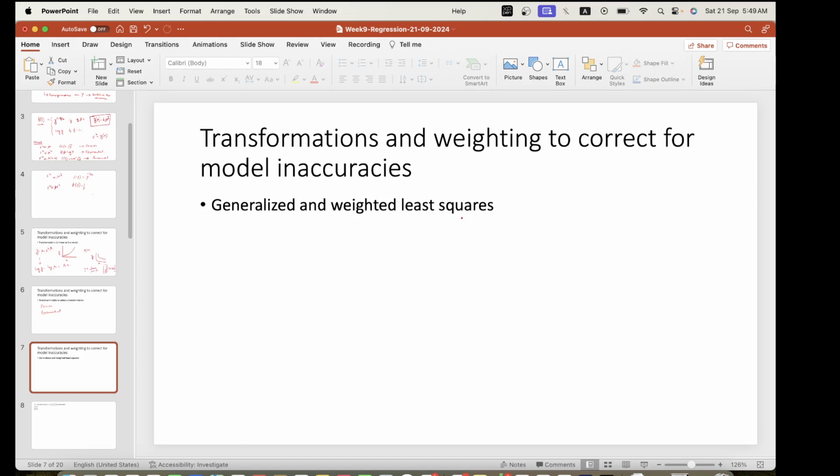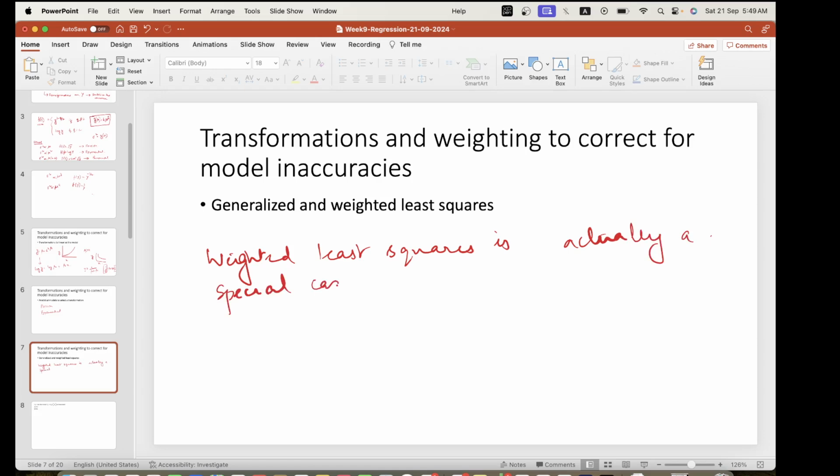Now the first thing that we should definitely note is that weighted least squares is actually a special case of generalized least squares.